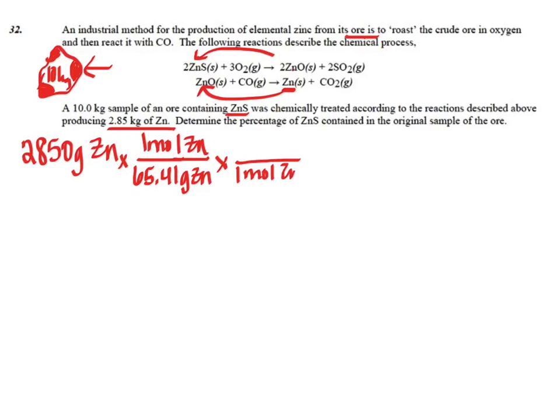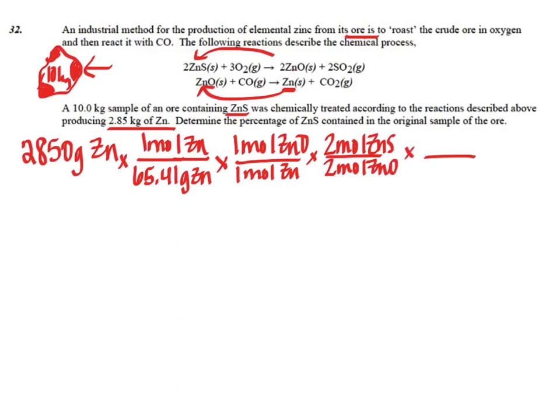So 1 mole of zinc for every 1 mole of zinc oxide. Now, if you look at your second equation, or the first equation, we can go from zinc oxide to zinc sulfide. So the ratio of zinc oxide to zinc sulfide is 2 to 2. So 2 moles of zinc sulfide, and we have 2 moles of zinc oxide.